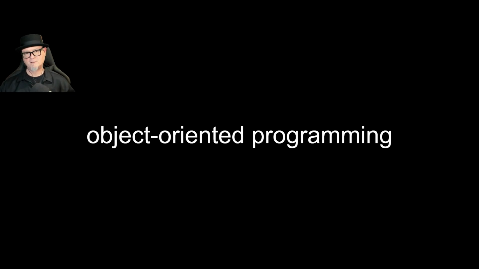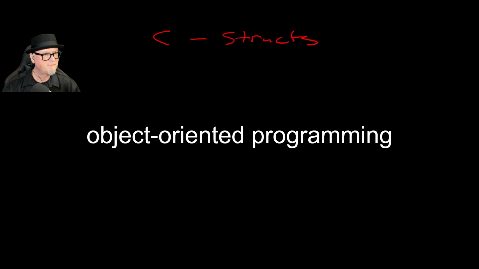Now, I'm sure some of you have encountered the phrase object-oriented programming, but what does this actually mean? Well, in C, we had structs that we made, and those structs were associated with particular kinds of data, and they were meant for certain kinds of jobs. Well, in object-oriented programming, the use of specific data structures is not notional.